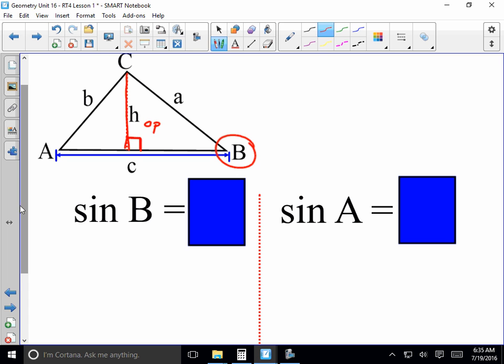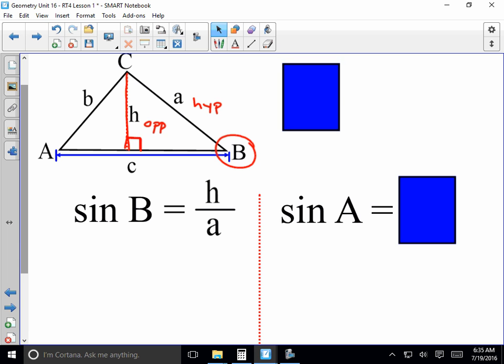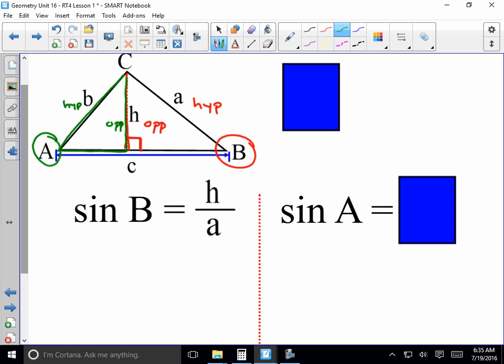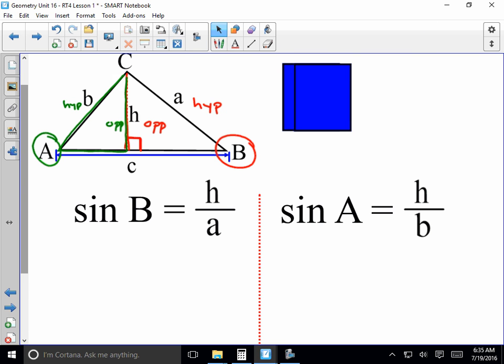For the sine of B, H is the opposite, A is the hypotenuse, and we get this function here. Now if I want to find the sine of A, once again, we have to use only the right triangle to find the sine of A. So once again, H is the opposite and B is the hypotenuse. So I use my SOHCAHTOA and I find that value.